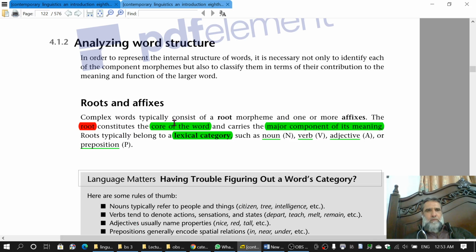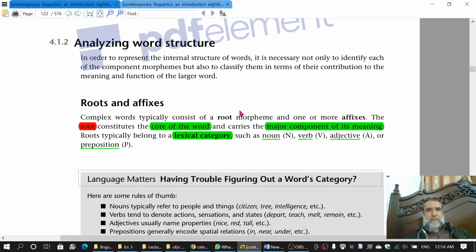We know that complex words consist of more than one morpheme. We have understood the difference between simple morpheme and complex morpheme in the previous lectures, and we have discussed that complex words consist of more than one morpheme, two or more.